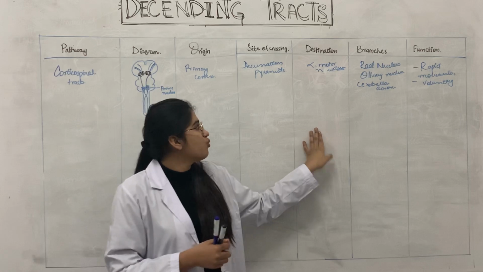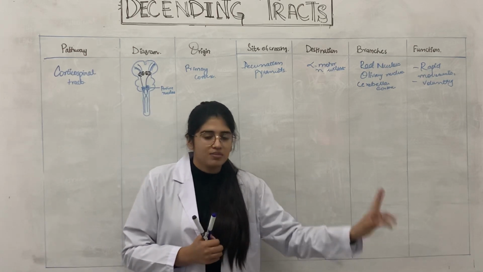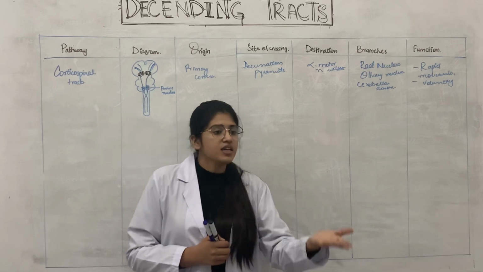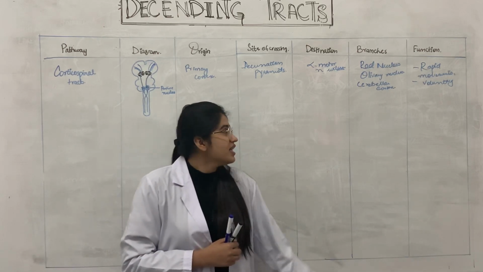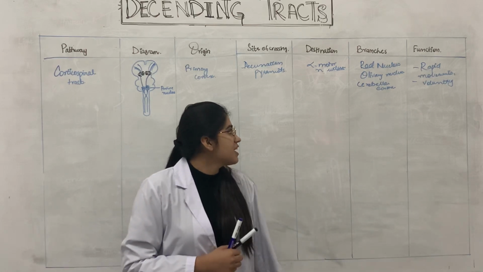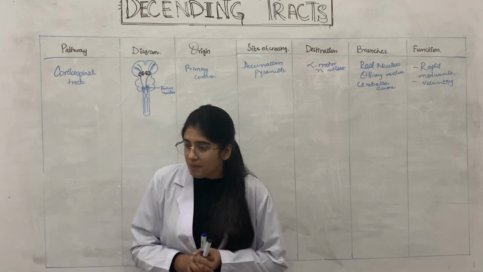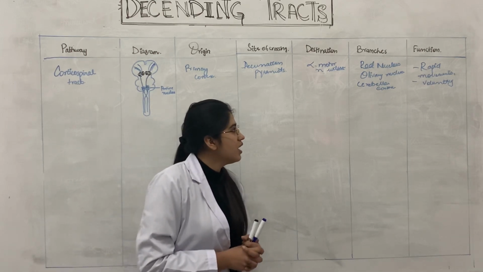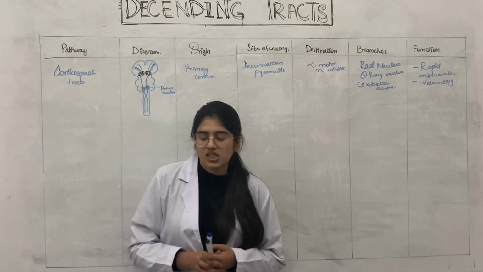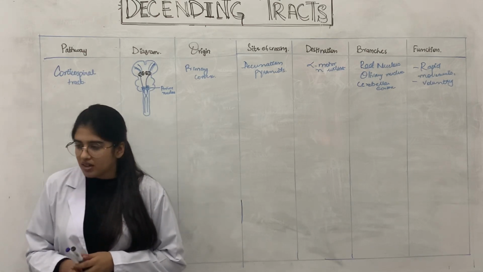The destination would be the alpha motor neurons, which we talked about, in the anterior gray matter, and the branches are given to the red nucleus, olivary nucleus, and the cerebellar cortex present over there. Its function is to perform the rapid movements and also the voluntary movements. Okay, this is one thing. So this is the pathway for the corticospinal tract.